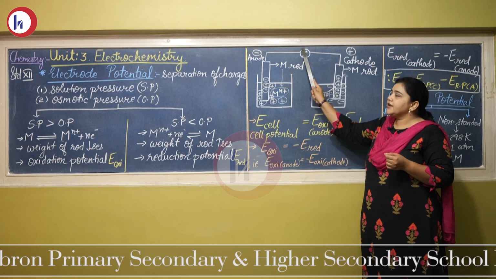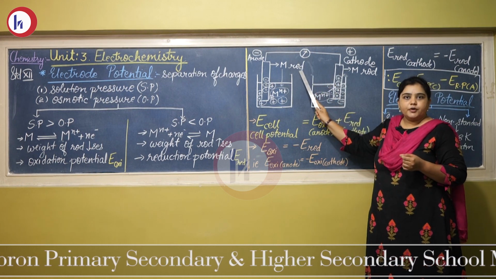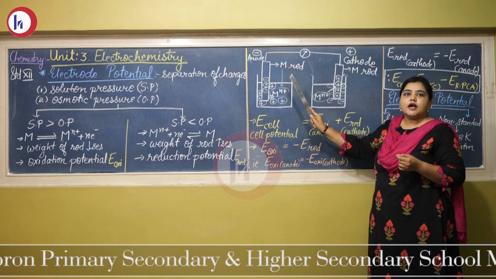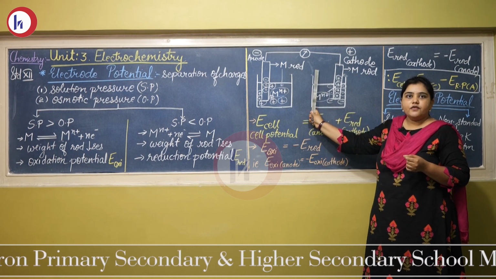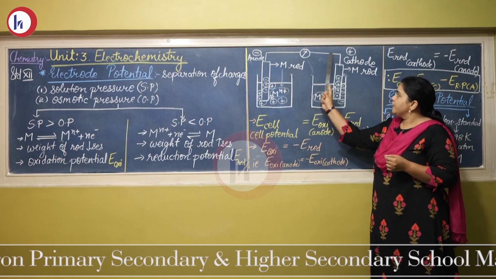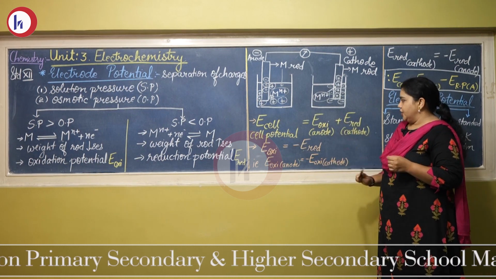So whatever is the reading here in the voltmeter is equal to the sum of the oxidation potential of anode and the reduction potential of cathode, and that will give you the overall cell potential.